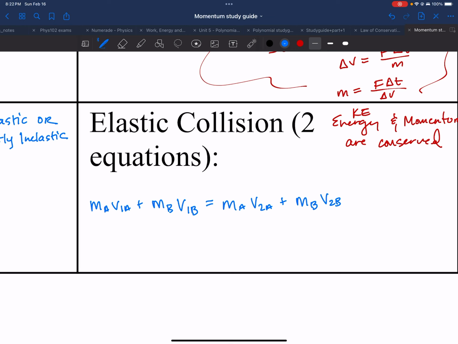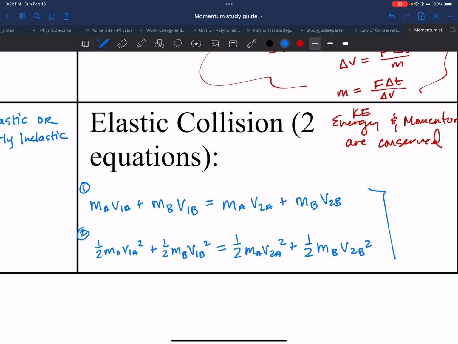Your second equation is your kinetic energy: 1/2 MA V1A squared plus 1/2 MB V1B squared equals 1/2 MA V2A squared plus 1/2 MB V2B squared. So both of those equations are true.